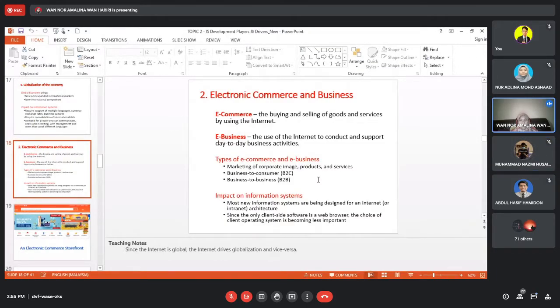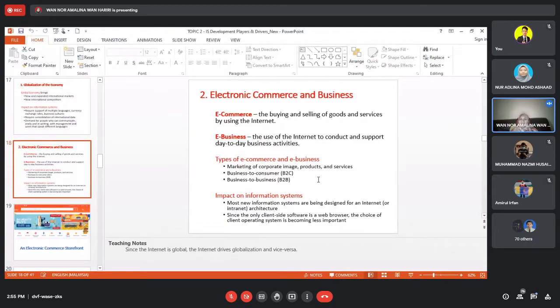Shopee, yes, of course. What about business to business? Alibaba. Right. Tapi Alibaba pun sometimes dia ada business to consumer direct kan? They provide that as well. Contohnya kalau you sebagai individual bukannya daripada business, Alibaba still entertains you. Okay?